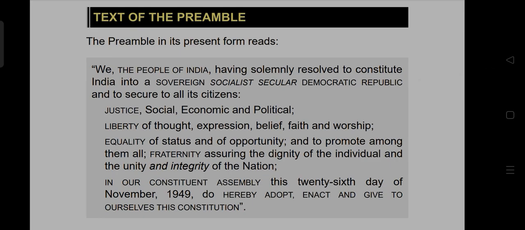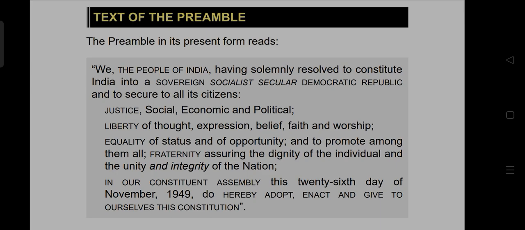Text of Preamble. The preamble in its present form reads as: We, the people of India, having solemnly resolved to constitute India into a sovereign, socialist, secular, democratic republic, and to secure to all its citizens justice, social, economic, and political, liberty of thought, expression, belief, faith, and worship, equality of status and opportunity, and to promote among them all fraternity, assuring the dignity of the individual and the unity and integrity of the nation.